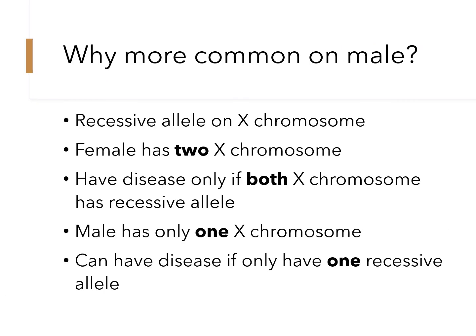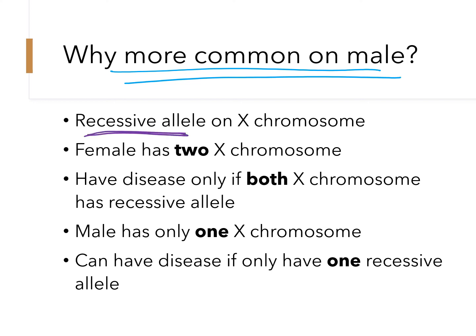So you may have the question, why is an X-linked genetic disease such as red-green color blindness more common in males? This is because of point number 1. The recessive allele of the disease is located on the X chromosome. How many X chromosomes does the female have?